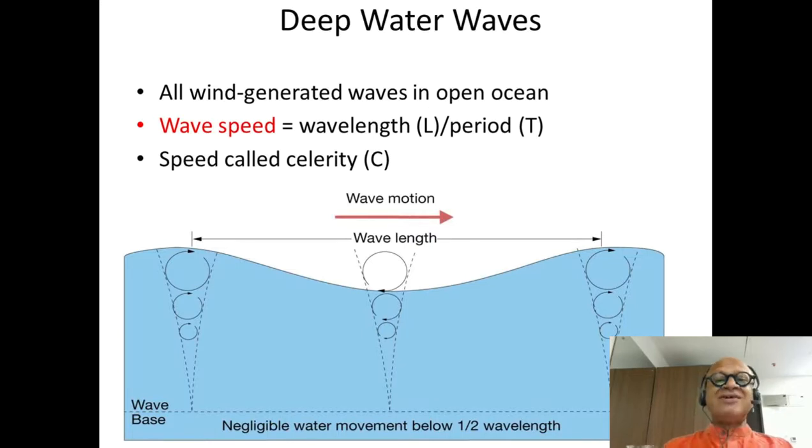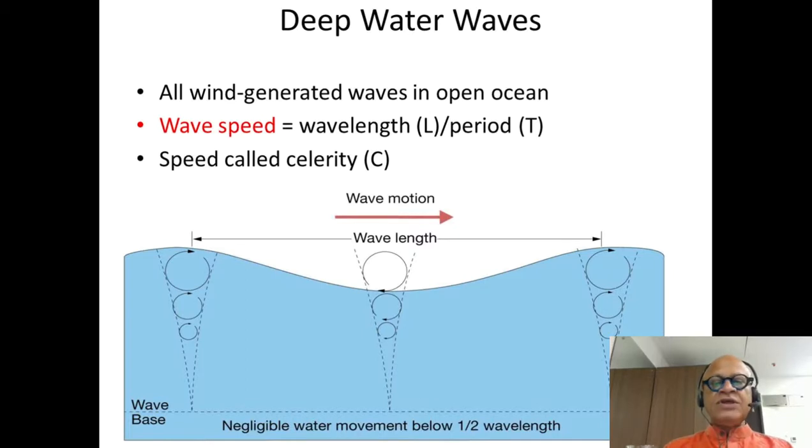Even though we use the term wave speed, in reality it's not a speed in the same sense as a car moving or a ball you threw. It is the waveform moving, so it's technically called wave celerity, or c.